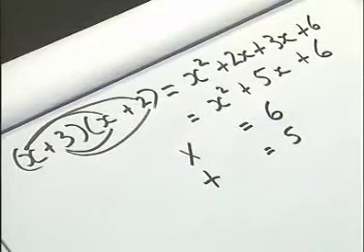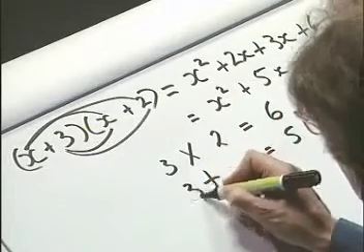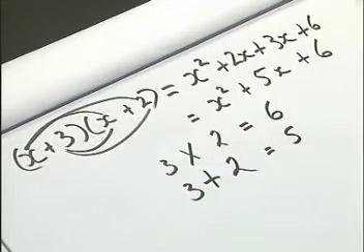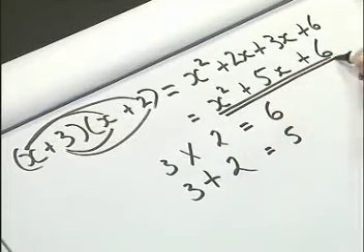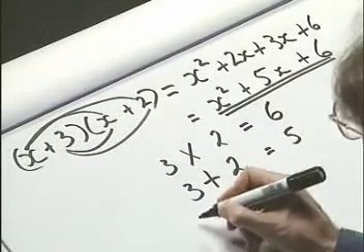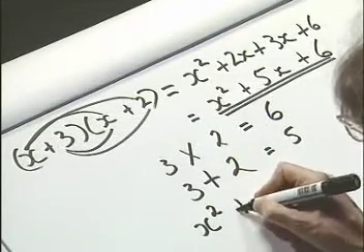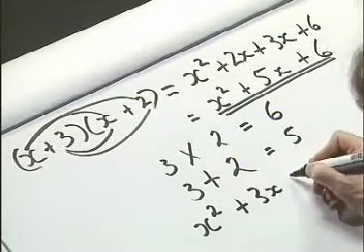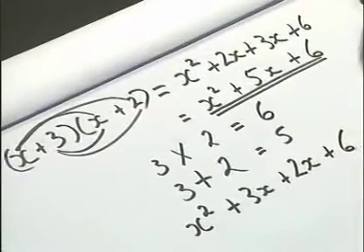The obvious ones that go in there are 3 and 2. So if we began with this, we would be looking to break that 5x down as x squared plus 3x plus 2x plus 6.